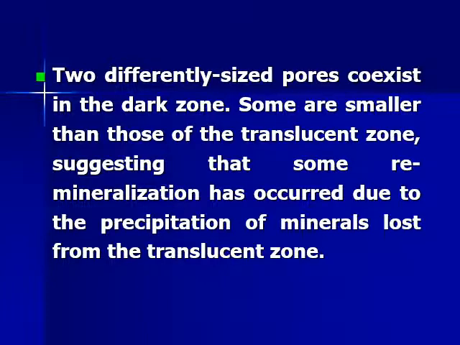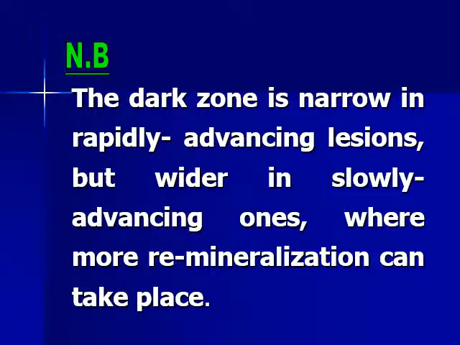So some are smaller than those of the translucent zone, and some are larger, suggesting that remineralization has occurred due to the precipitation of minerals lost from the translucent zone. On their way out, they were reprecipitated in this zone.